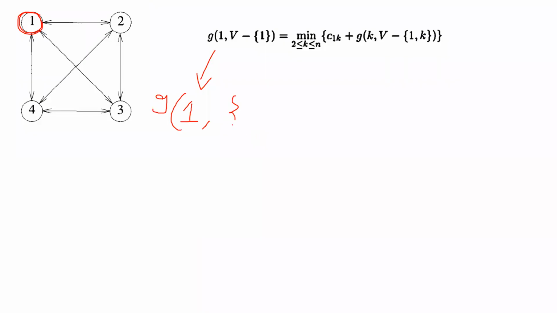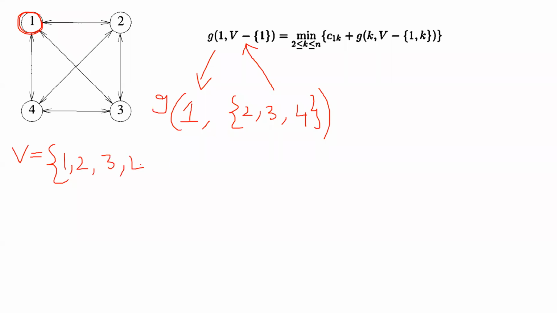That will be equal to the remaining vertices. Apart from 1, what are the remaining vertices? These are 2, 3, 4. I am writing this 2, 3, 4 as V minus 1, because for the given graph, V is the set of vertices in the graph, and the set of vertices in the graph are 1, 2, 3, and 4.